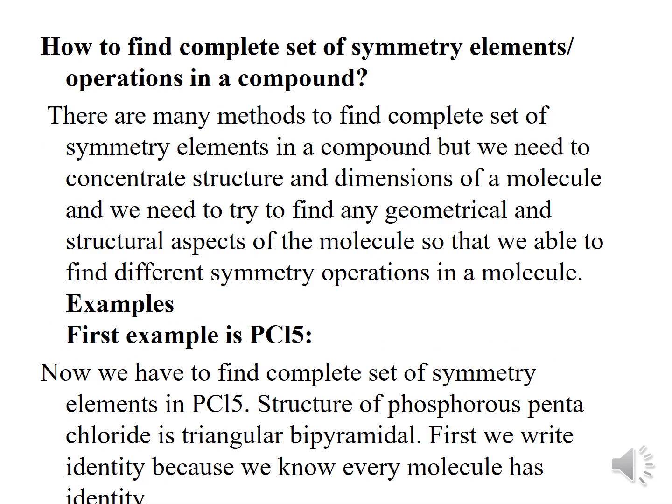How to find the complete set of symmetry elements or operations in a compound? There are many methods to find the complete set of symmetry elements in a compound, but we need to concentrate on the structure and dimensions of a molecule, and we need to try to find any geometrical and structural aspects of the molecule so that we are able to find different symmetry operations in a molecule.